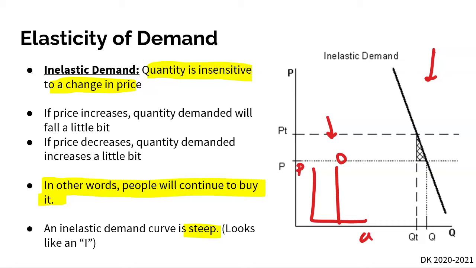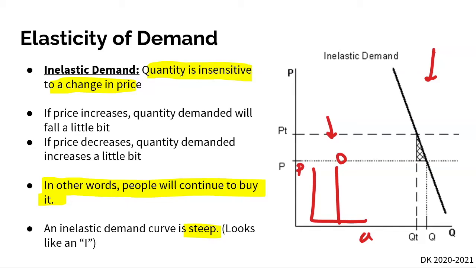And so a good example is insulin. No matter what the change in price of insulin is, people need insulin to survive. So with Martin Shkreli, who overcharged tremendously for insulin, let's say insulin all of a sudden costs 700% more to buy, the quantity demanded is not going to change a whole lot.